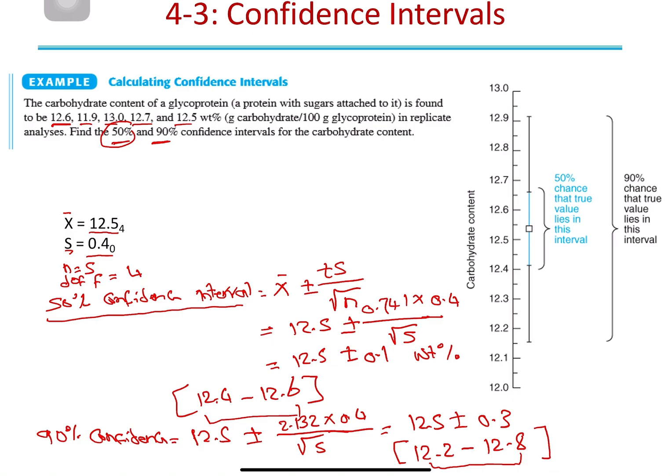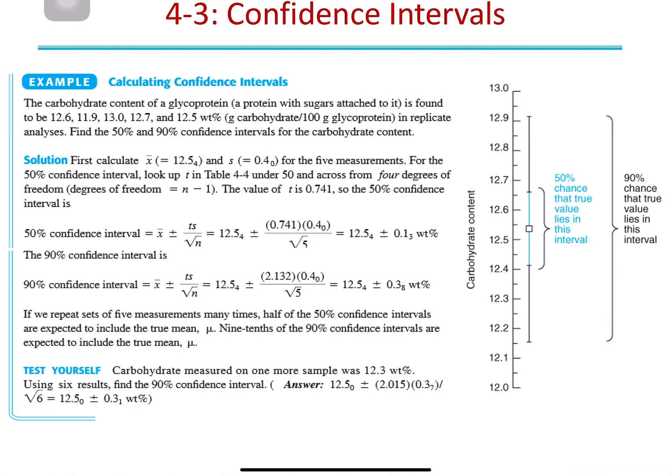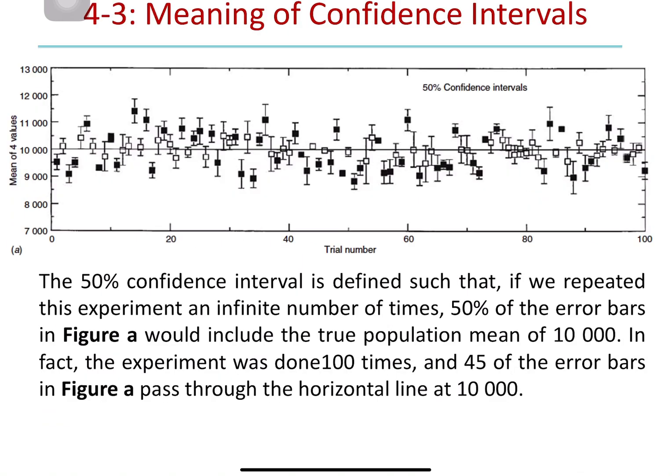If I want to calculate it for 95 or 99.9, you will find that this range will again increase. So I will get to a confidence level where I say that I'm 99.9% confident that the true value or the true mean will be within this range. This is what's meant by the confidence interval and how we calculate it.